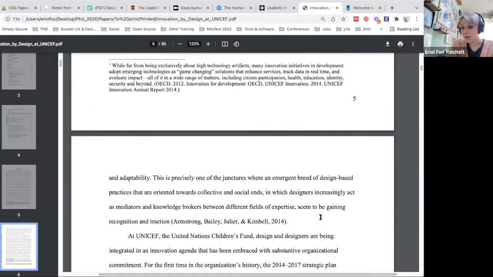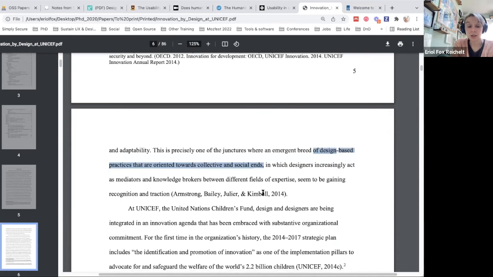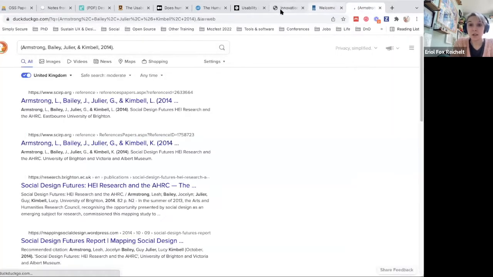There then is a comment about design-based practices oriented towards collective and social ends, in which designers increasingly act as mediators and knowledge brokers between different fields of expertise. This is gaining recognition and traction from these authors here, Armstrong, Bailey, Julier, and Kimball from 2014, just to make sure I make a note of that.